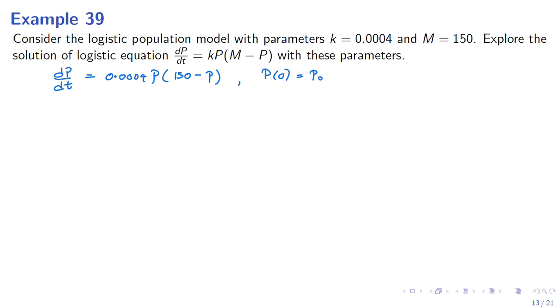Okay, cool. Now we can solve this by separating the variables. If we separate variables, we will get 1 over P times (150 minus P) dP on the left hand side, and 0.0004 dt on the right hand side.